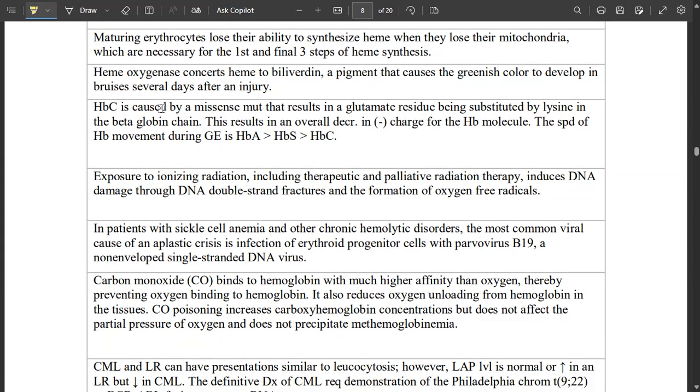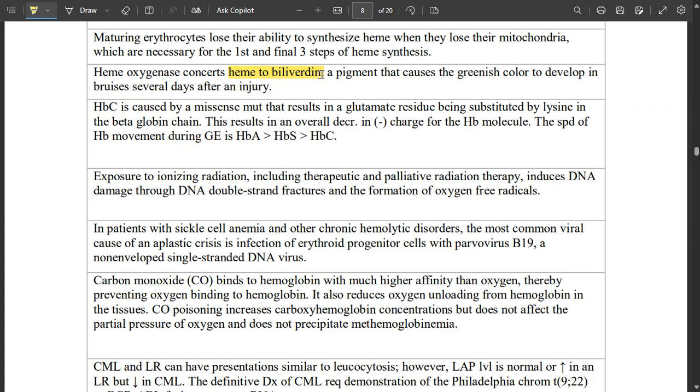Heme is converted to biliverdin by heme oxygenase, the enzyme that produces a pigment causing a greenish color to develop in bruises several days after an injury.